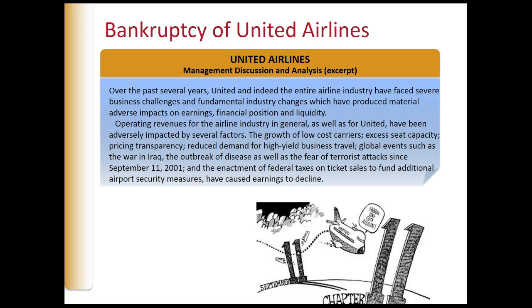It says they've faced severe business challenges and fundamental industry changes which have produced adverse impacts on earnings and financial position along with liquidity. The growth of low-cost carriers has increased excess seat capacity and pricing transparency, and reduced demand for high-yield business travel. Global events such as the war in Iraq, diseases, and terrorist attacks, plus taxes, have really caused earnings to decline.